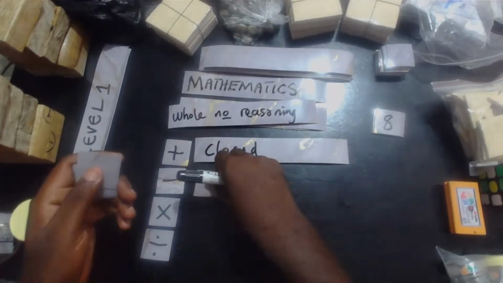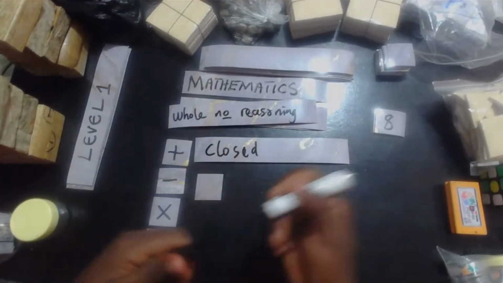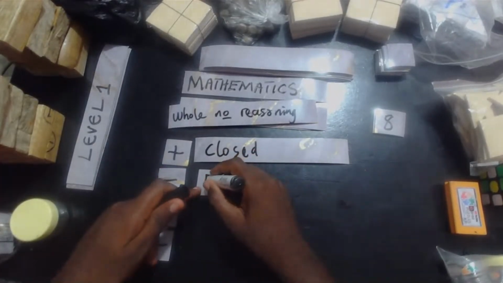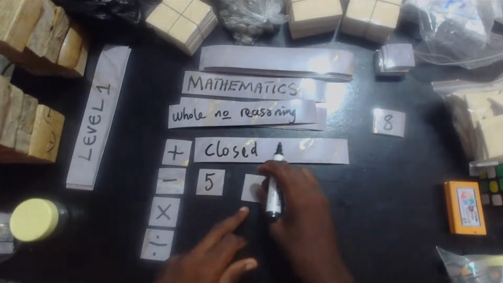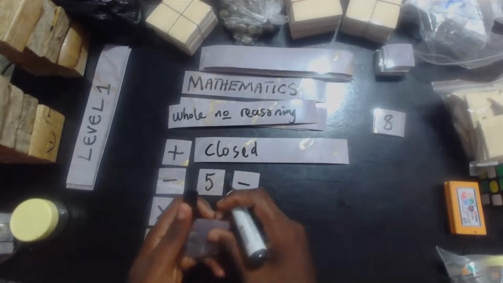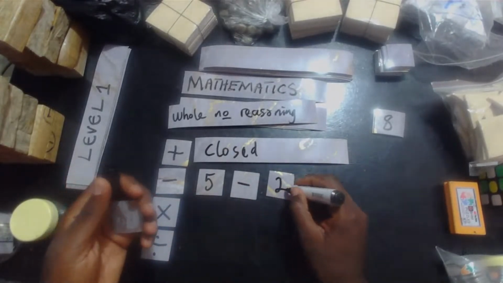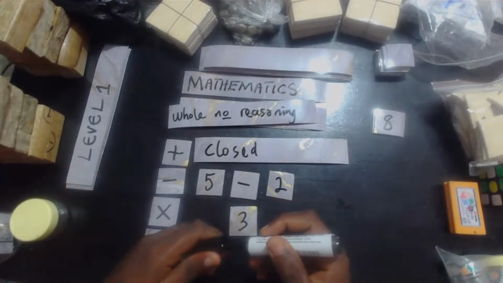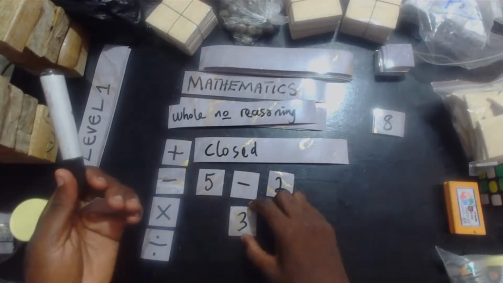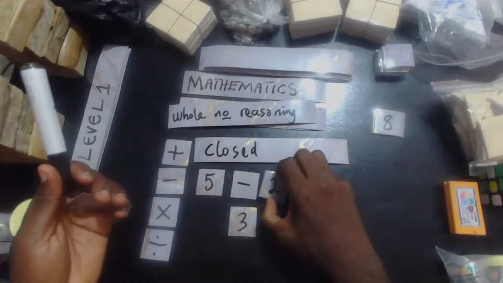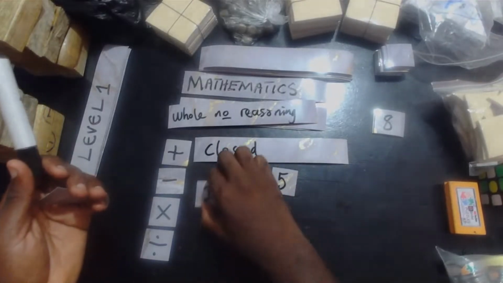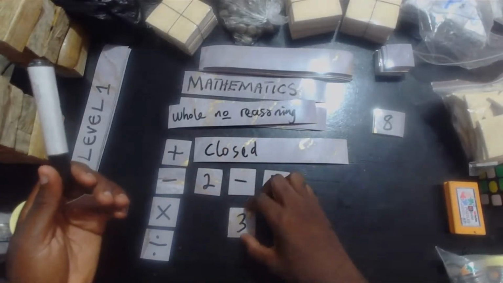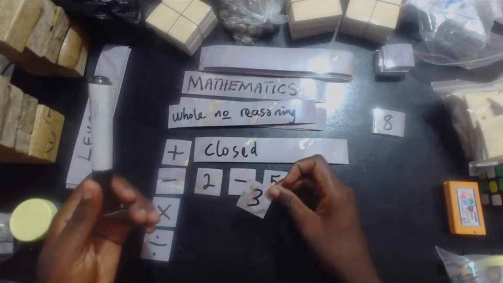What about subtraction? Well, usually when you have a larger number, 5, minus another number, 2, we know that the answer will be 3. Now, what happens when you reverse it? The smaller number begins. Now you no longer have 3.